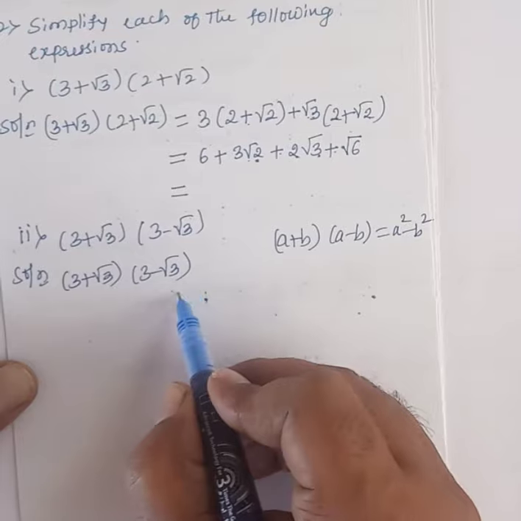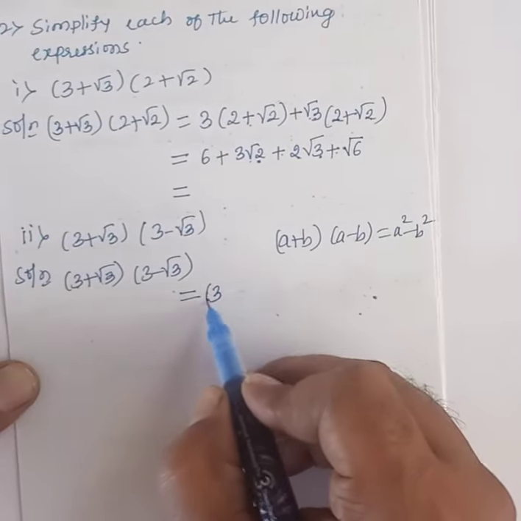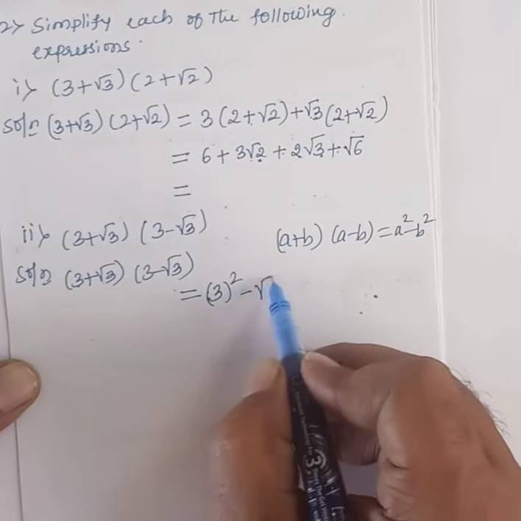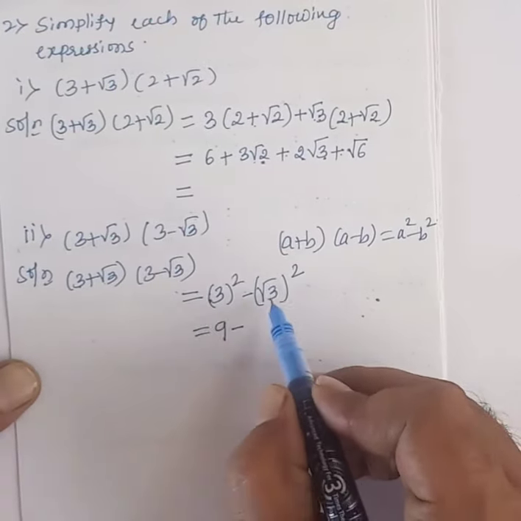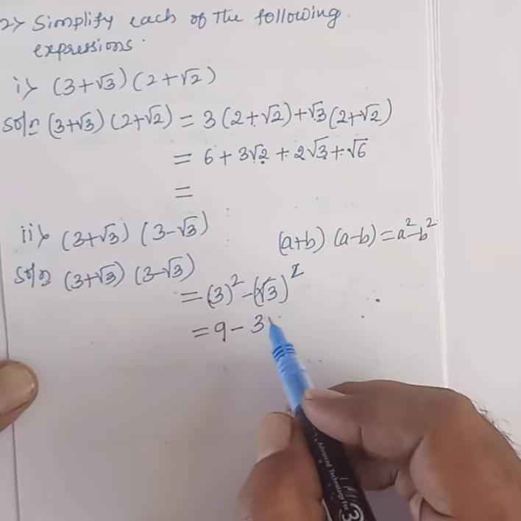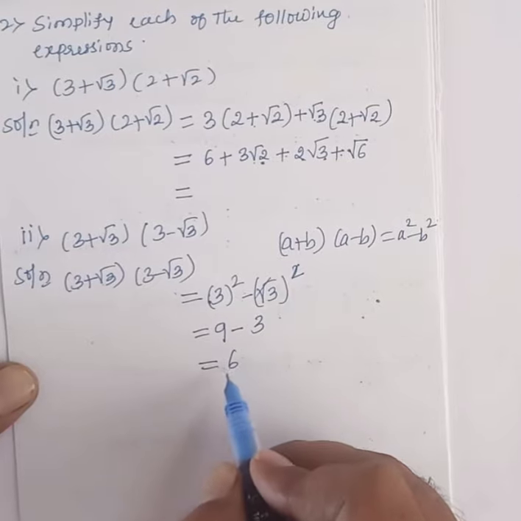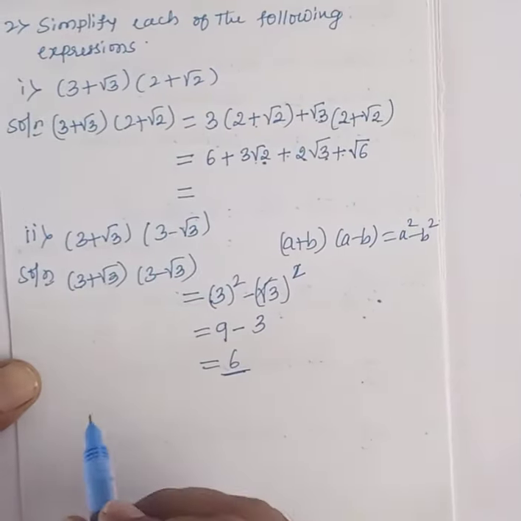See, a is 3, that is 3 square, minus b is root 3 square, that is equal to 3 square is 9 minus root 3 square, this square and this square will get cancelled. 9 minus 3, that gives us 6. The simplest form of this expression is 6.